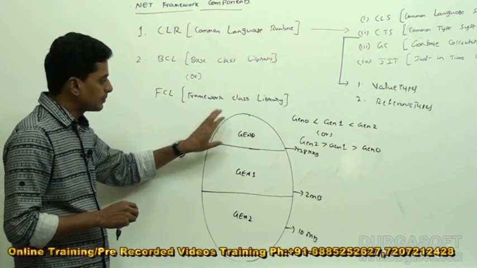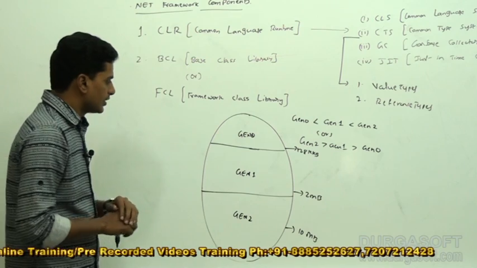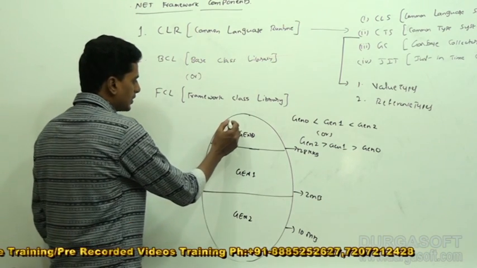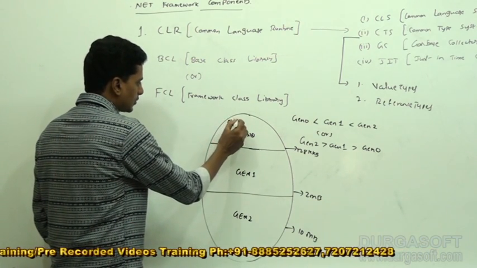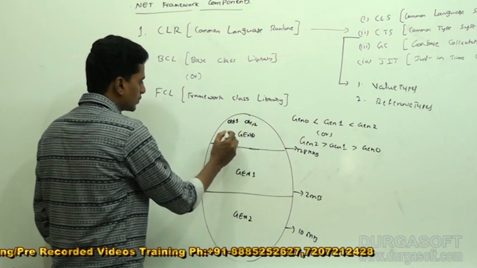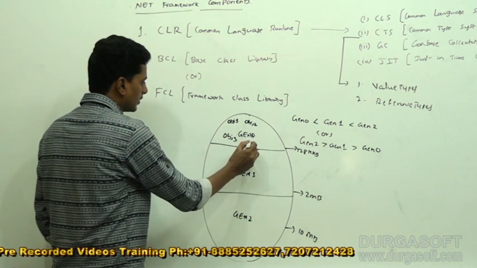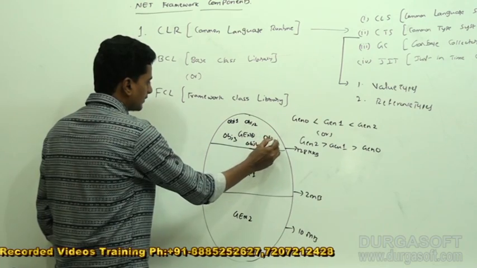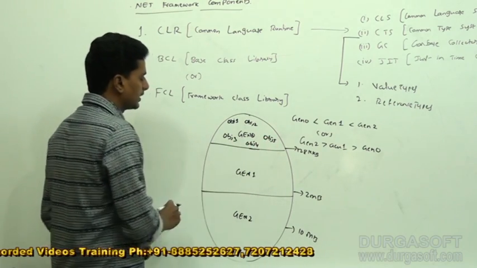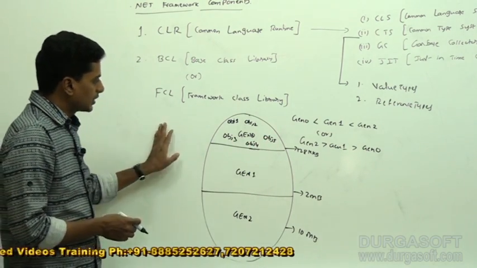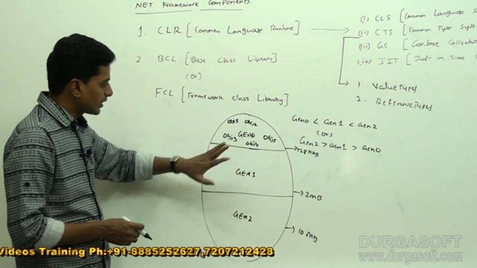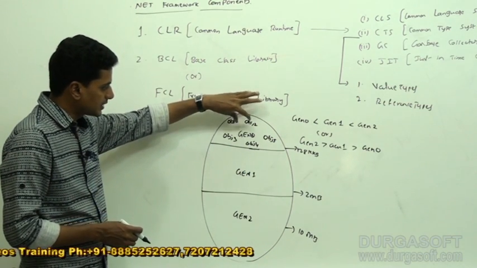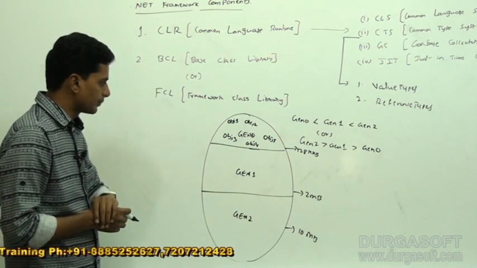For example, an application creates objects obj1, obj2, obj3, obj4, and obj5. These newly created objects will be placed in generation 0.